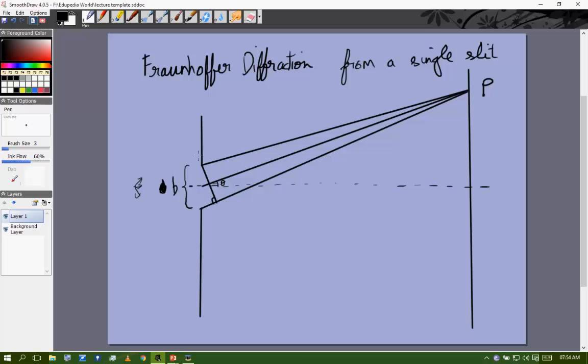So this point and this point will have approximately the same phase, because this point and this point will approximately have the same distance from P. So they will cover the same distance in this length and this length. Let's call this A, B, C. So AP is equal to AC approximately. Is equal to PC, sorry.